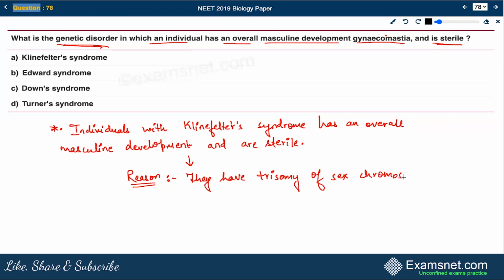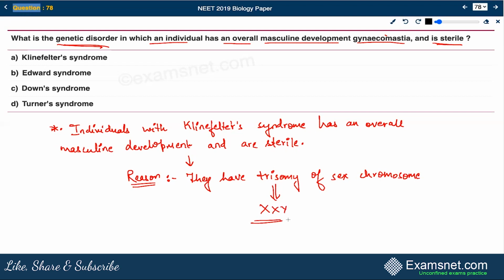That means such kind of males usually have an overall feminine development, that is called gynecomastia, and are considered to be sterile, because the trisomic condition that has been observed over here is your XXY condition.